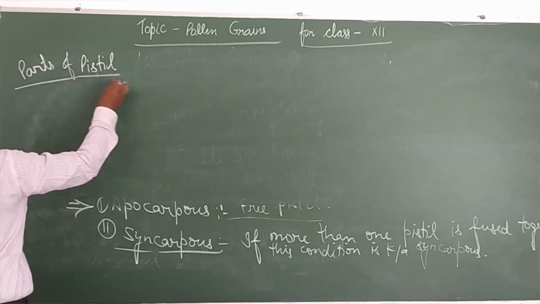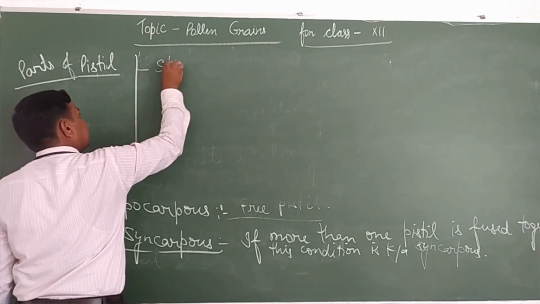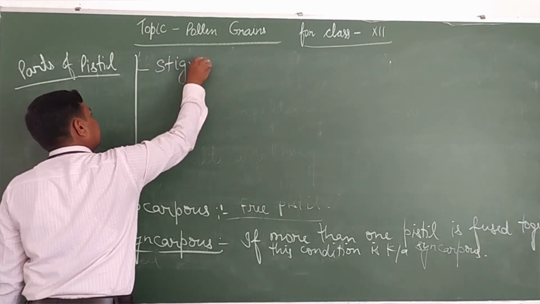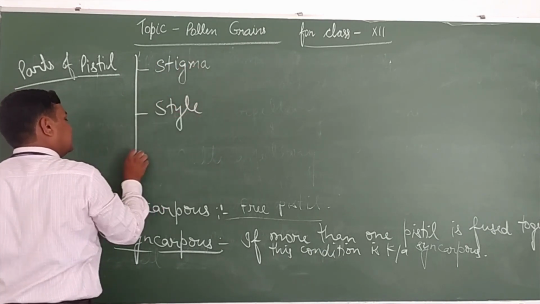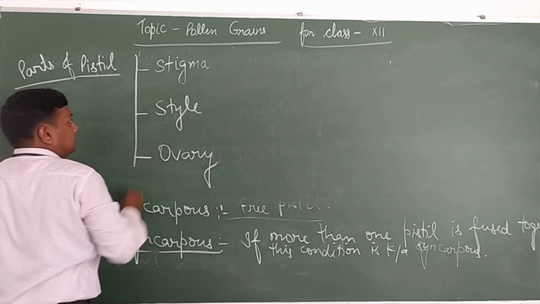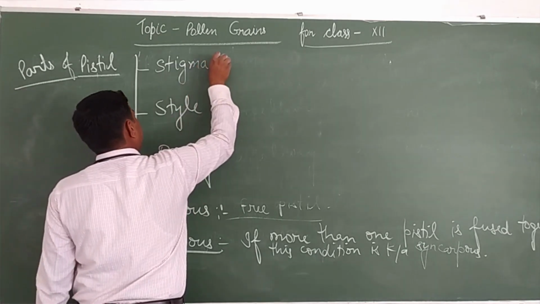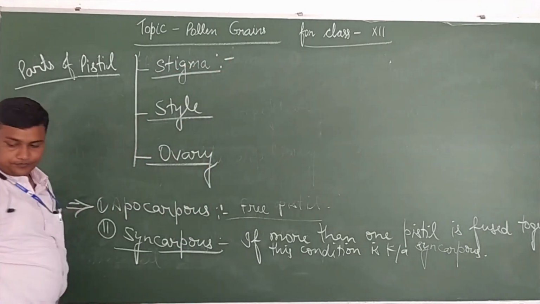First is the stigma, then style, and last ovary.